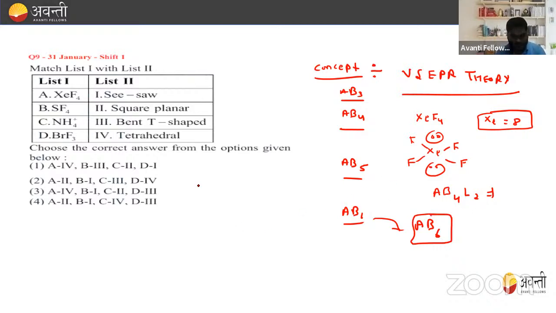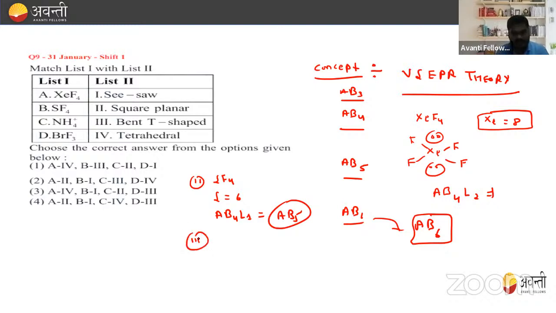Now, if I'm talking about SF4, right? Sulfur has 6 electrons. So out of the 6 electrons, 4 are bond pairs and 1 lone pair. So it has AB4L1. Okay, so it will be from AB5, right?